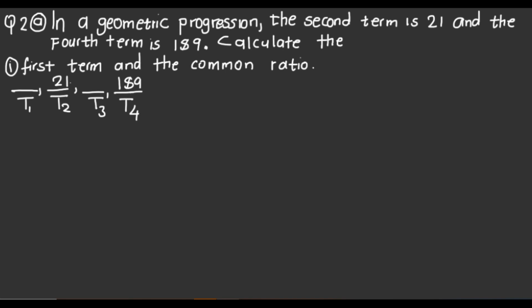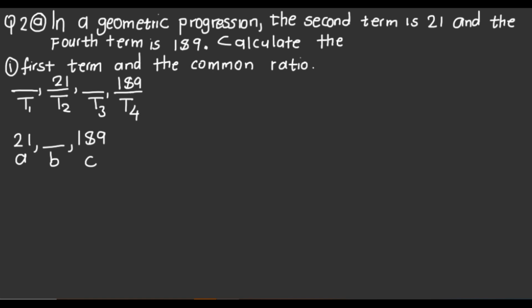We are going to consider 21 as A, then B we don't have, C we have 189. Now, how can we find the middle number between 3 consecutive terms?